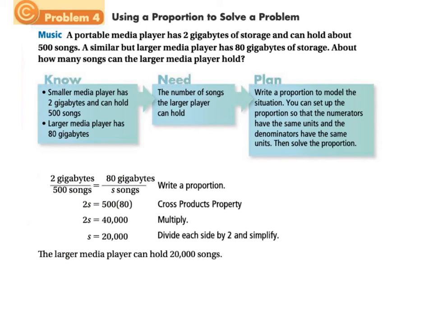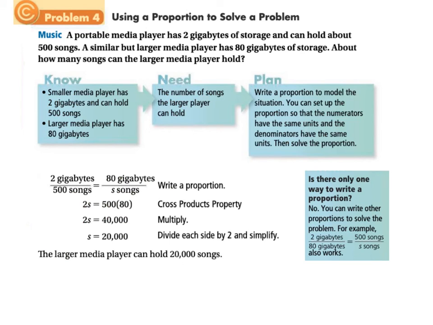Now, fun fact, you could actually write it a different way where you had gigabytes over gigabytes and songs over songs. And the thing you'd have to keep in mind is that whichever one, like, see here on this side, they match gigabytes to songs going straight up and down. This way it'd have to be gigabytes to songs going straight across.